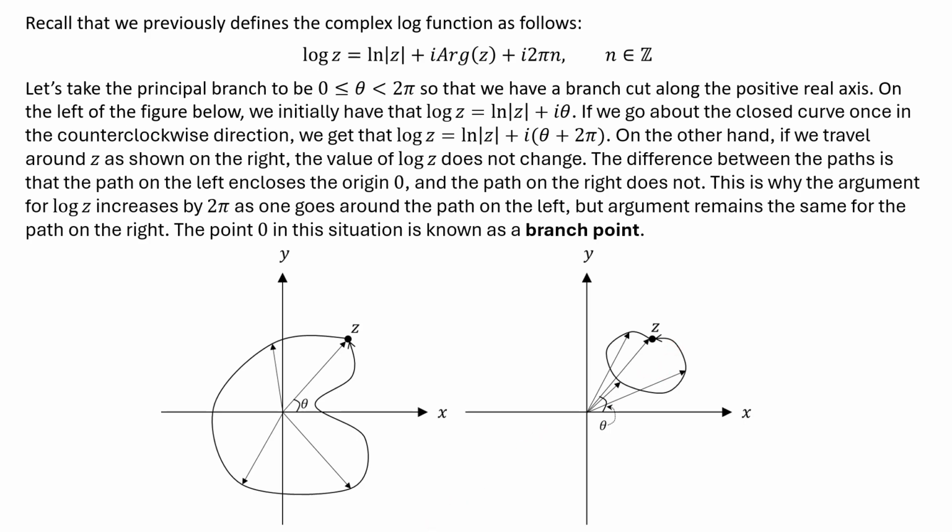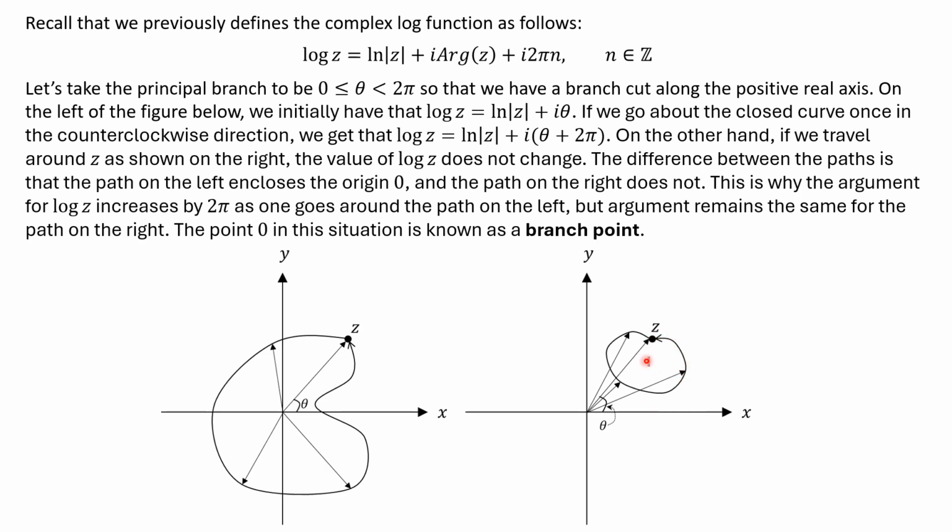Now on the right, let's just say we had another point here. Let's make believe that's a point. I know it's a little bit big, but let's say we go around that point on a closed path. Then you notice the angle starts out as theta, then gets a little bit bigger, then starts getting smaller again, and then it grows a little bit, and eventually theta comes back to the same value.